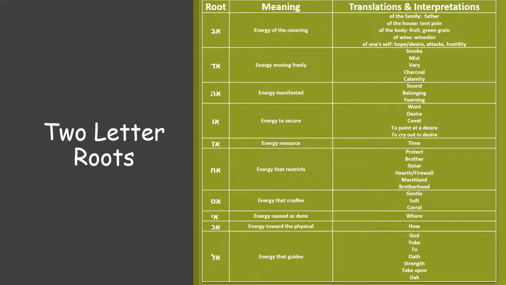Interestingly, the covering here can be a number of things. For example, the energy of the covering that is the family is the father. The energy of the covering that is the house is a tent pole. The energy of the covering that is the body is fruit and green grain. The energy of the covering that is wineskin. And the energy of the covering that is one's own self is hope, desire, attacks, and hostility.